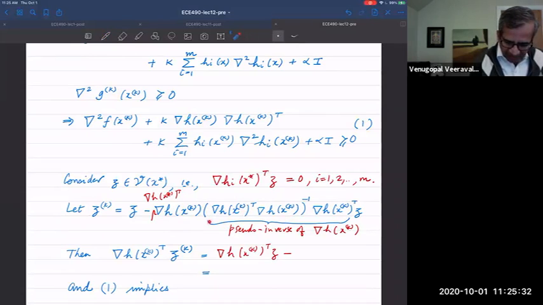That will give me the identity matrix, and I'll just be left with this term here, which is exactly what the first term was. So this is equal to 0.